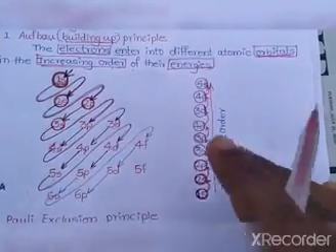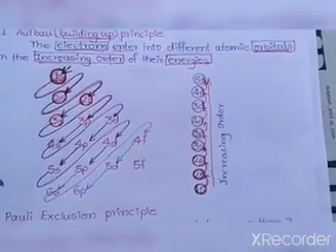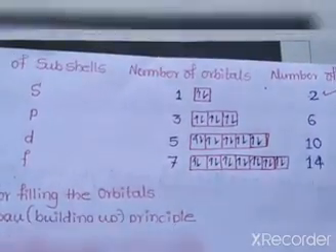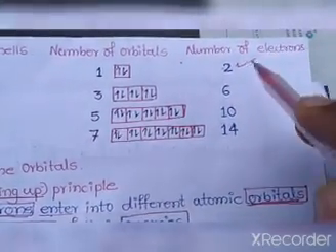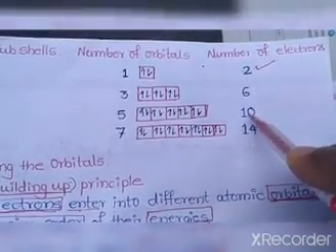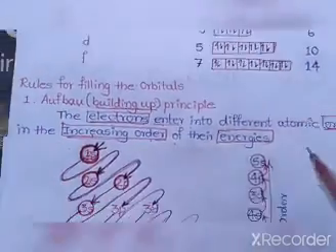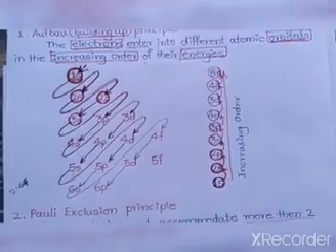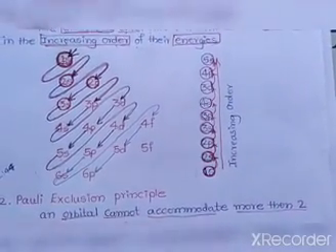Also, while filling these orbitals, you have to know the capacity of the orbitals: s orbital 2, p orbital 6, d orbital 10, f orbital 14. Be careful when you fill the electrons in these orbitals.